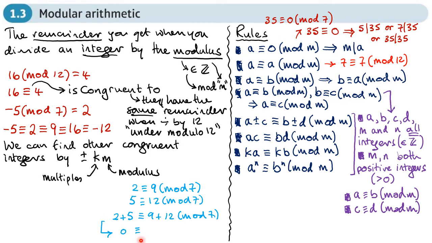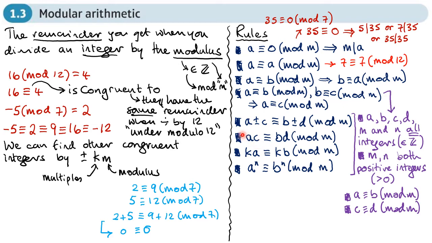And then 9 plus 12 is 21, which is also 0 under mod 7. So that describes this rule, and we could prove the same thing with a subtraction. 5 minus 2 and 12 minus 9 would give us 3 on both sides, and 3 is congruent to 3 under mod 7.